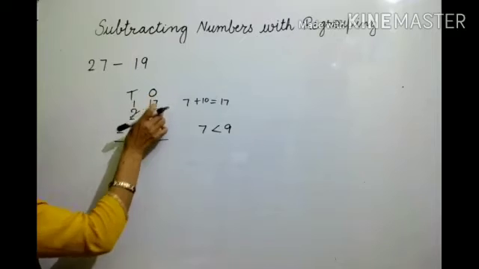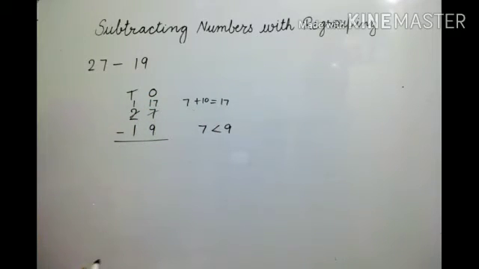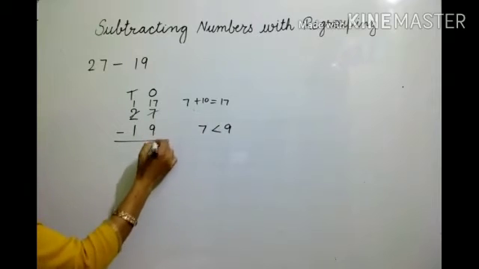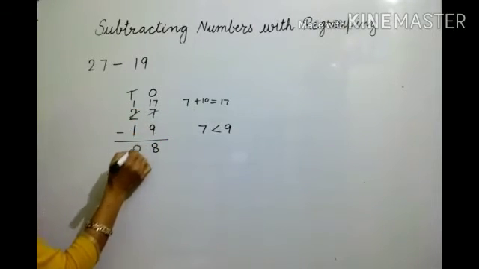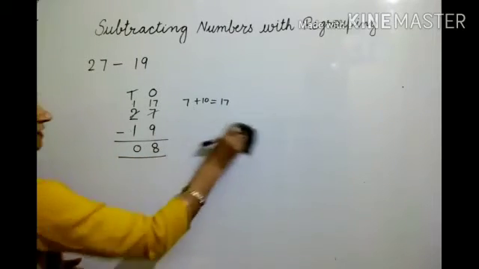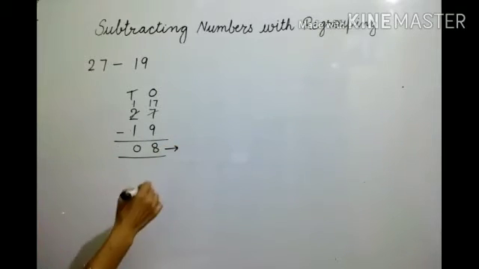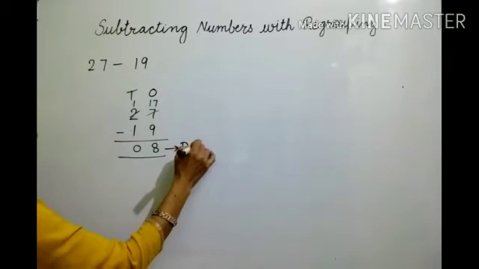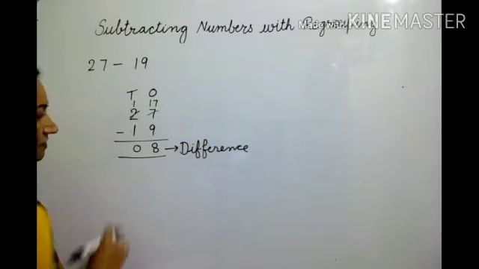Now 17 minus 9 is 8, and 1 minus 1 is 0. So the answer will be 8. And the answer of subtraction is called the difference.